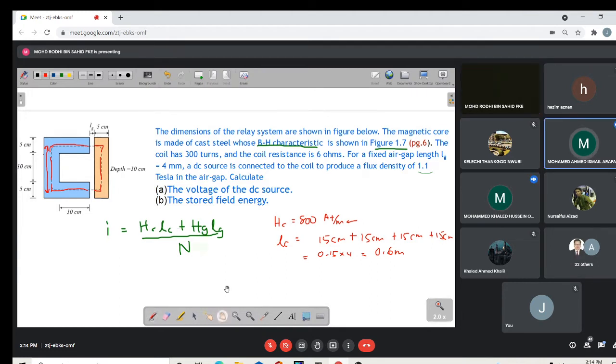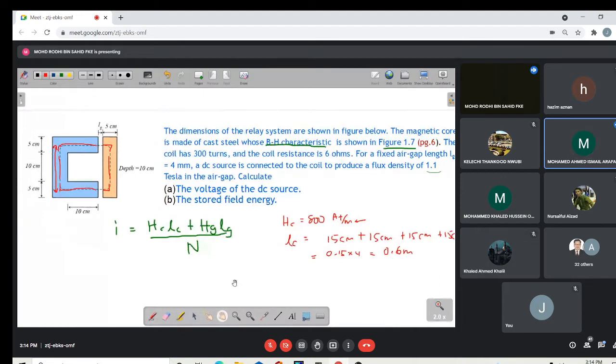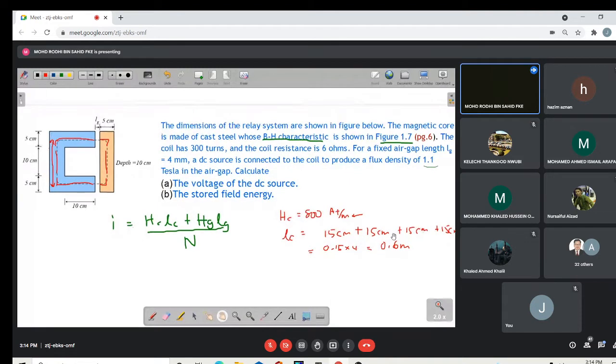Doctor, I have a question, please. Why we didn't take the whole length of the iron core? Why we only took the one with the red part? This one is not the length of the whole iron core.